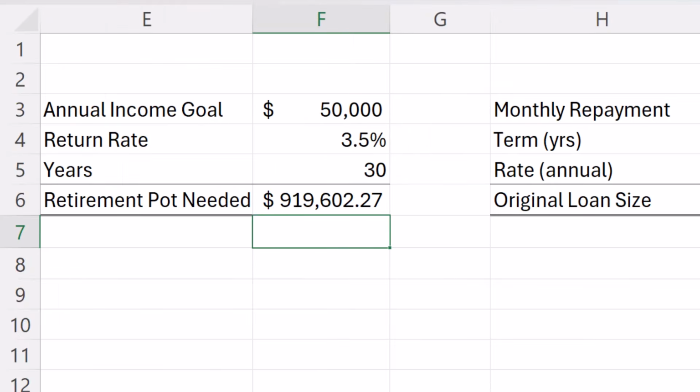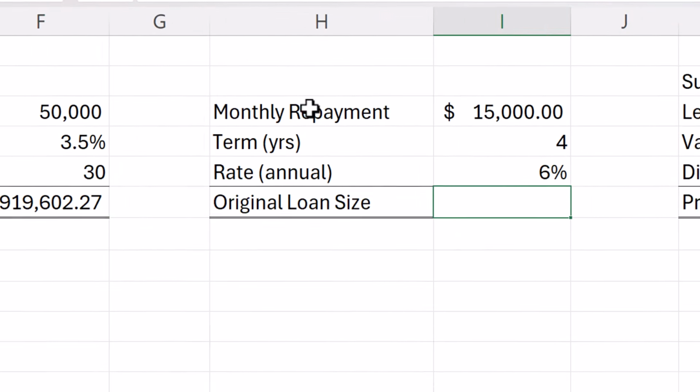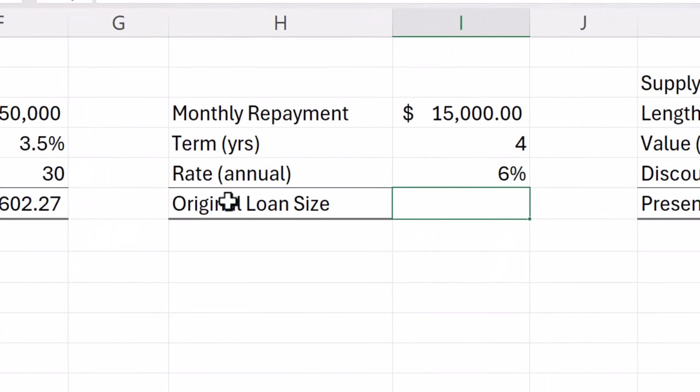Right, next scenario. So in this scenario, I'm trying to calculate the original loan size. I have to make monthly repayments of $15,000. So this is likely to be a commercial loan. And the term of the loan is 4 years and the rate agreed was 6%. So equals PV.